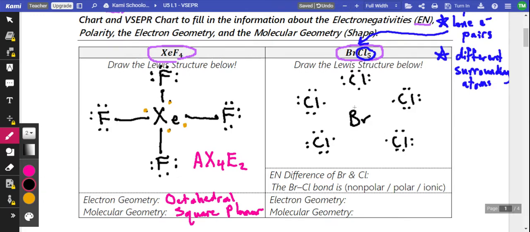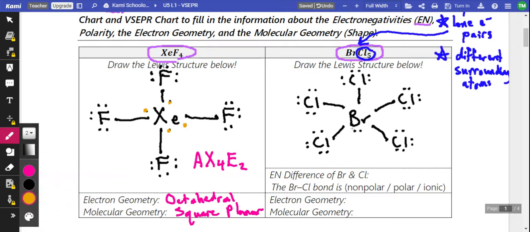Bromine also has 7 valence electrons. Make our bonds. Share a pair, share a pair. Each chlorine should now be up to an octet. Our bromine has more than an octet, but we're going to be okay with that.